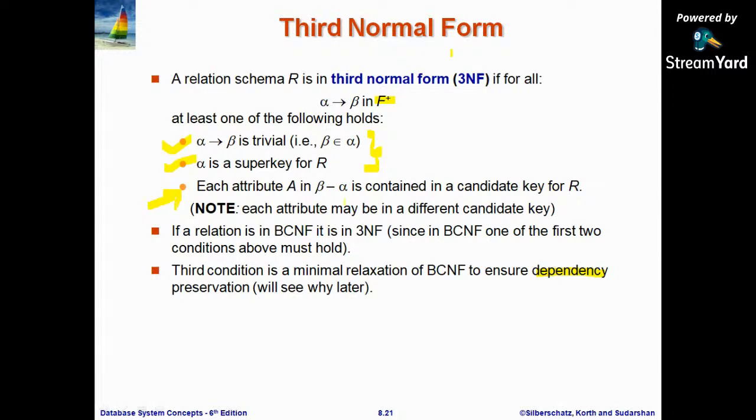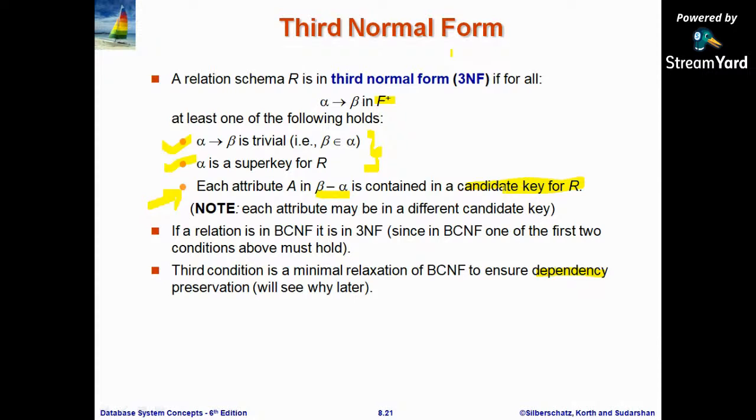This condition says that you have to find out the fields in beta minus alpha. You have to subtract, and from beta minus alpha whatever fields are remaining, that field should be the part of a candidate key. If this condition holds, then the relationship is in the third normal form. So in BCNF, we checked only for two conditions. In this case, we are checking for three conditions, means we are more relaxed.